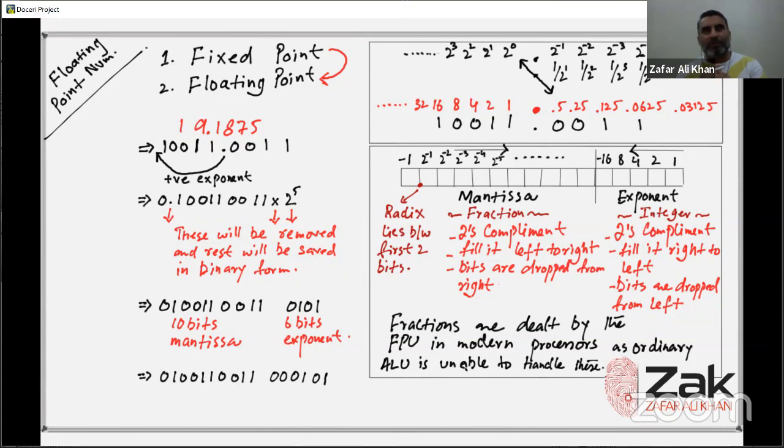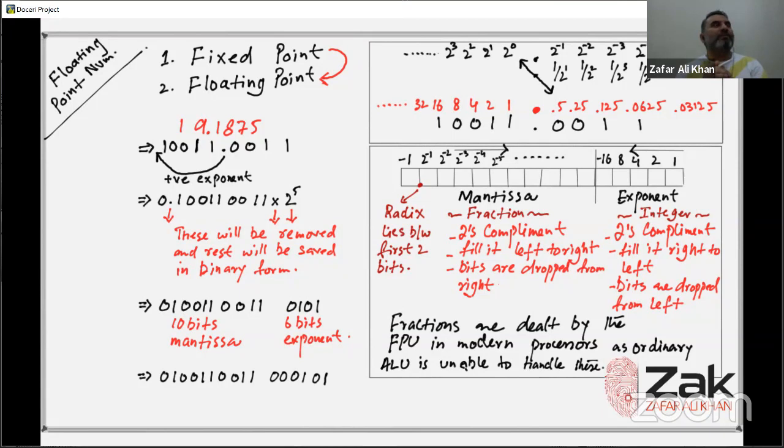And as we know in modern computing, it is all about the calculations that are being carried out by the computer. But the thing is that the ALU, its arithmetic unit, is only able to deal with integers. It does not deal with fractions or numbers with a point in them, or decimal numbers. So for that, a device called the floating point unit, FPU, is used.